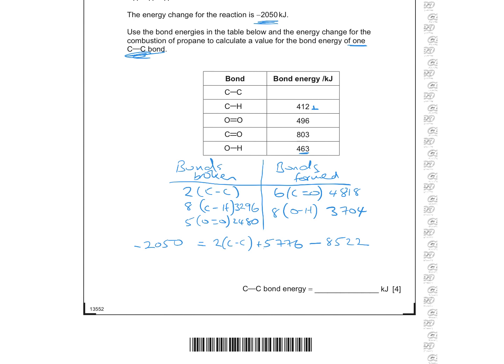That works out to be 696. Remember, that is for 2 carbon-carbon bonds. So for a carbon-carbon bond, we then simply divide the 696 by 2. And that will give a value of 348 kilojoules.